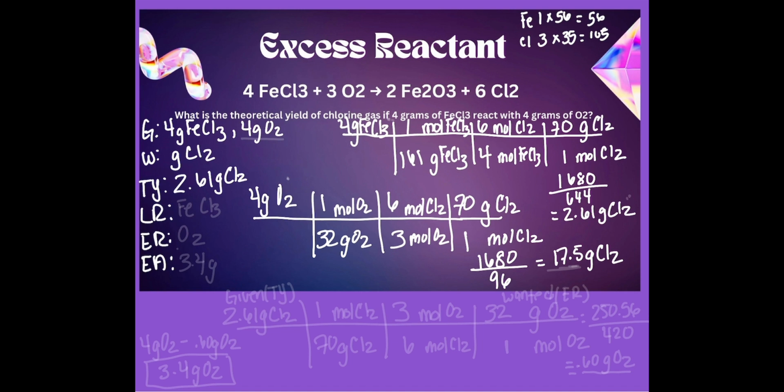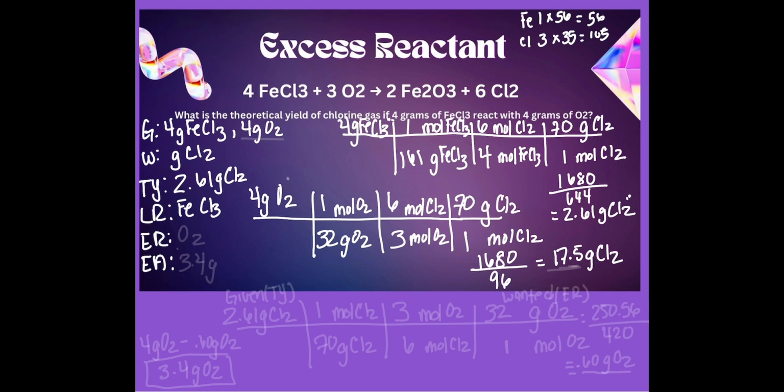Okay. Then our limiting reactant, the reactant that we use to help us get to that smallest value, is FeCO3. You can see that right here. That's literally your given that helps you get to that smallest number, which is this one. Okay.